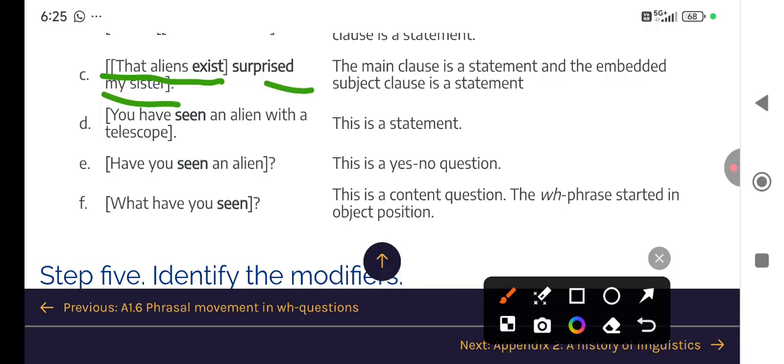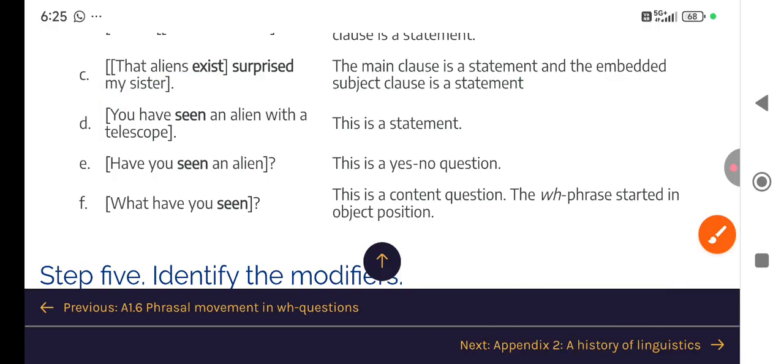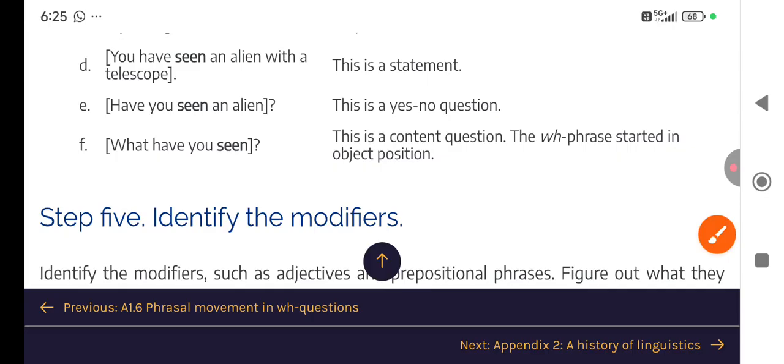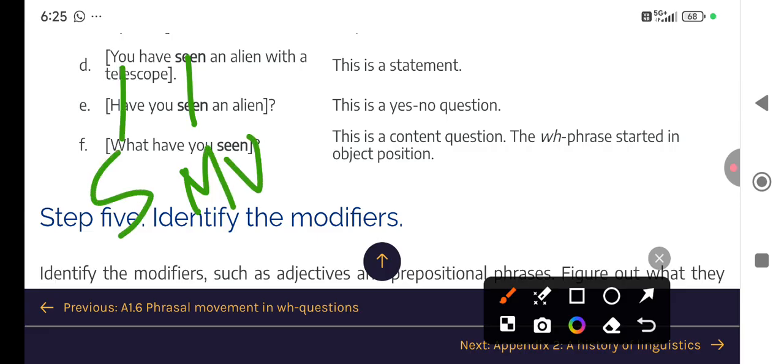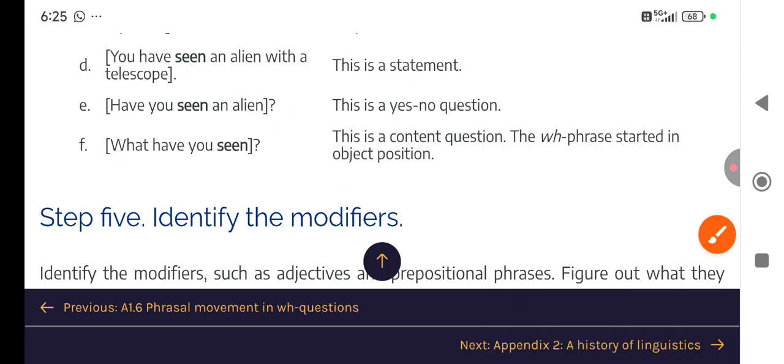Okay. Now next, you have seen an alien with a telescope. Simple. Seen is the main verb, and you is the subject, and alien is the object, and the sentence ends with a full stop, and that is why this is a statement.